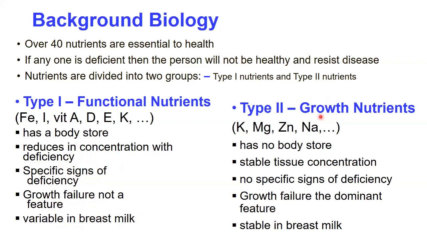In type 2 growth nutrients, we are referring to potassium, magnesium, zinc, sodium, and so on. These have no stores in the body. They are stable in concentration when you measure levels in parts of the body, but they do not give specific signs when one has a deficiency, as compared to type 1. And these are key in terms of growth failure and the key determinant of stunting. They are stable in breast milk.